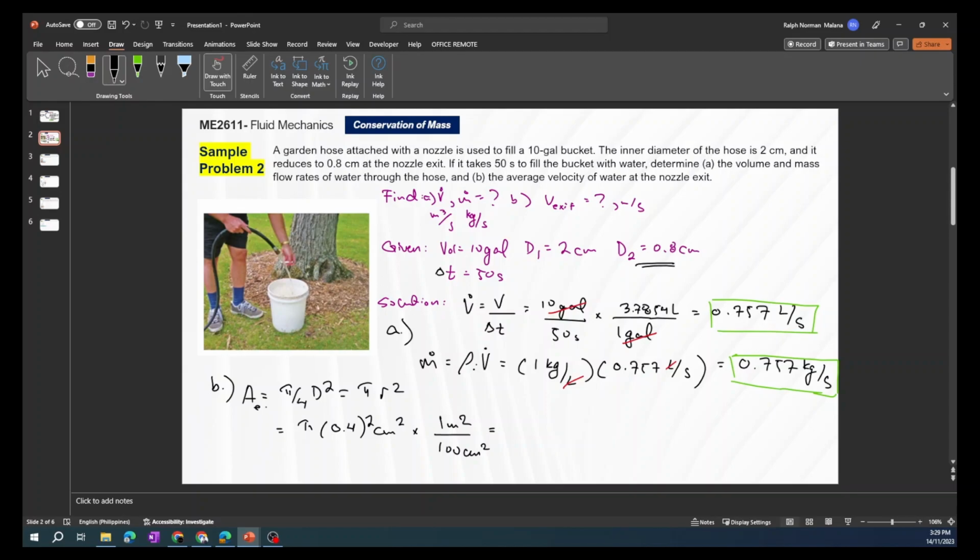So it's going to be pi times 0.4 squared, that's going to be 100 squared, by the way. Yep, there we go. Divided by 100 squared.